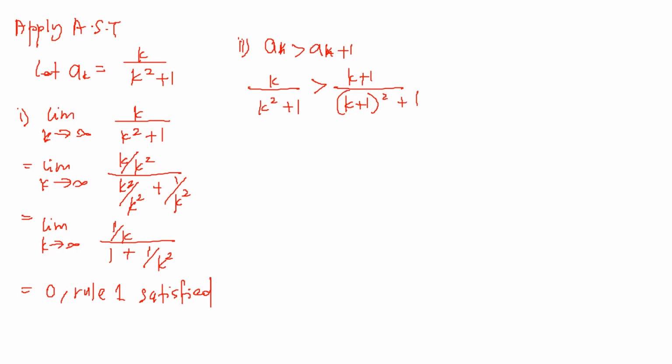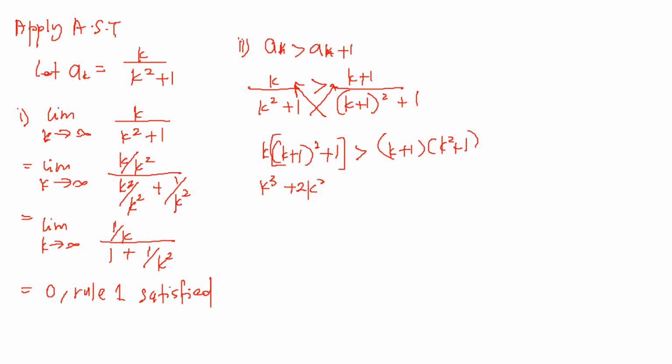You have to add 1 to every k, and then simplify by cross multiplication. (k plus 1) squared plus 1, more than (k plus 1) times (k squared plus 1). After you simplify, you will get k cubed plus 2k squared plus 2k more than k cubed plus k squared plus k plus 1. So your answer is k squared plus k minus 1, which is more than 0. By looking at this, you can see that rule number 2 is satisfied.